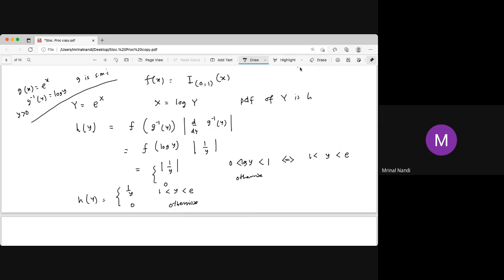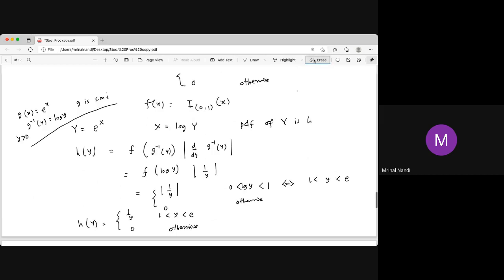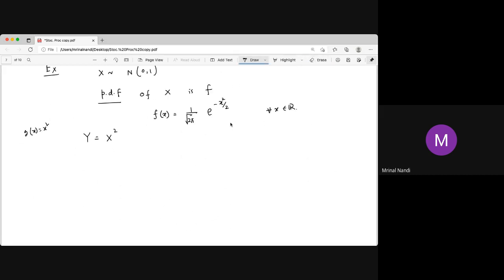Now, what if g is not monotonically increasing or decreasing? Then what happens? Then we have to find the PDF of y, and we should be very careful about that. To find that PDF, we first find the distribution function of y.